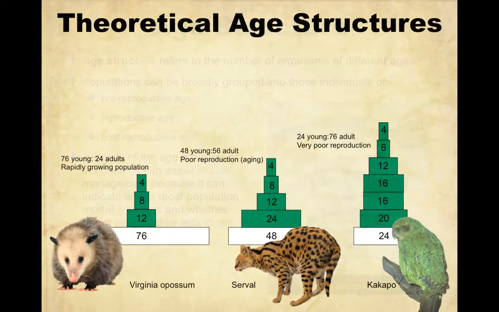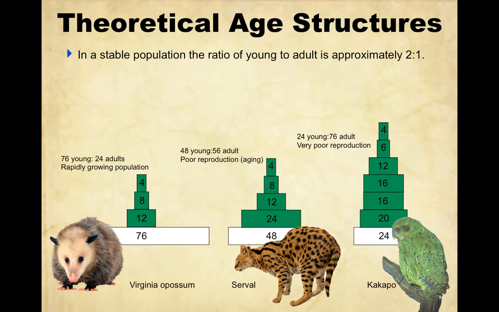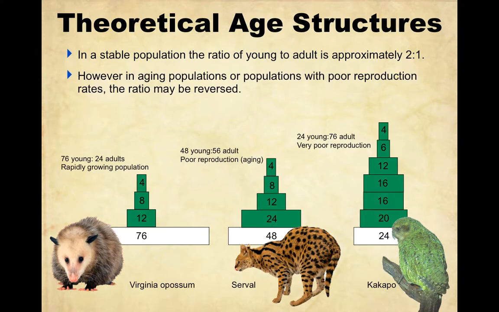So here are some theoretical age structures. We're going to look at a possum, a large cat, and a tropical bird. If a population is stable, then the ratio of young to adult is approximately 2 to 1. Aging populations are always going to go down.